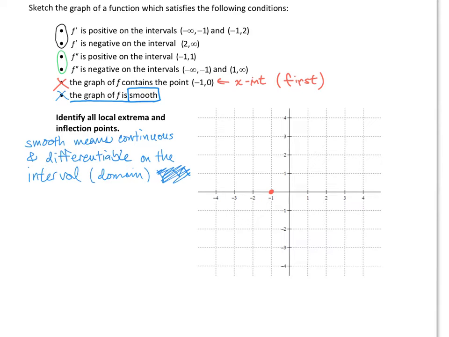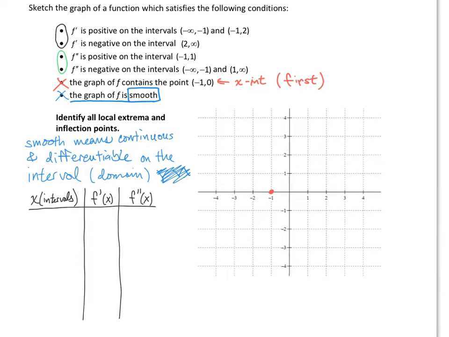I'm going to have a list of x values, and these can include, say, intervals. I will be including f prime of x and f double prime of x. All right, so what is going on here?